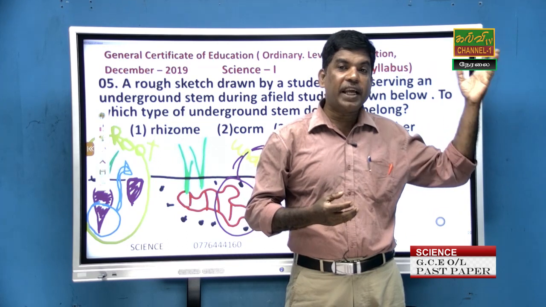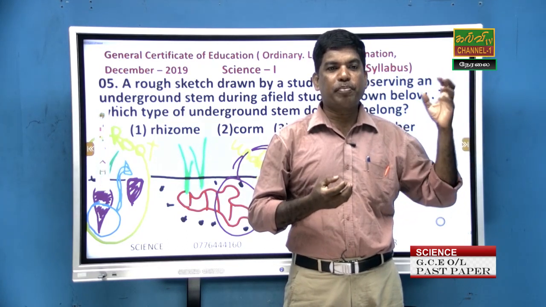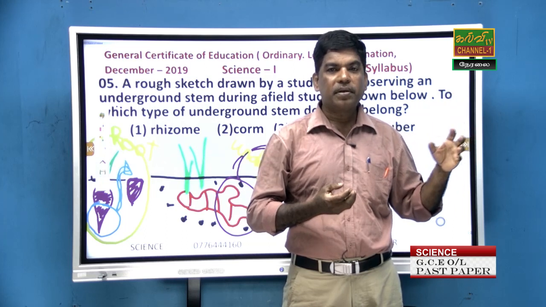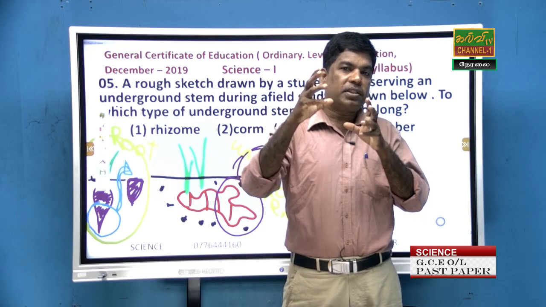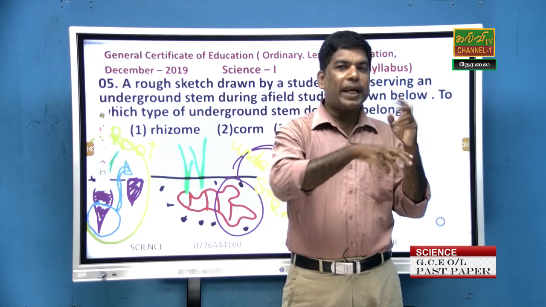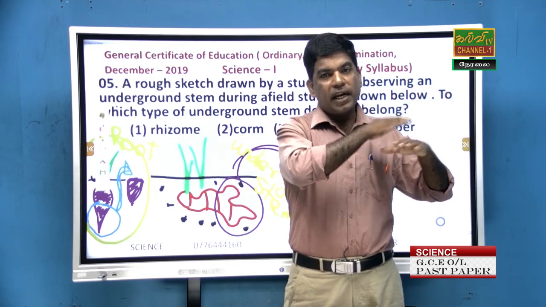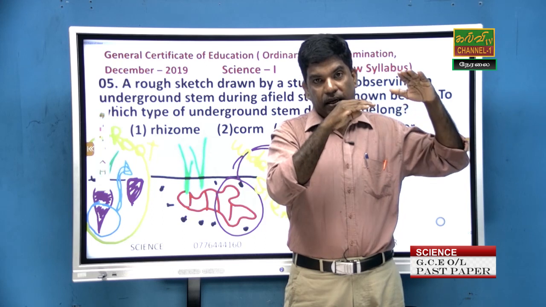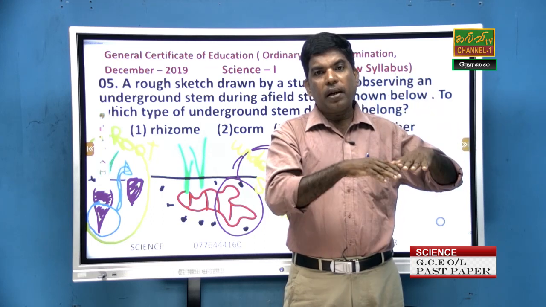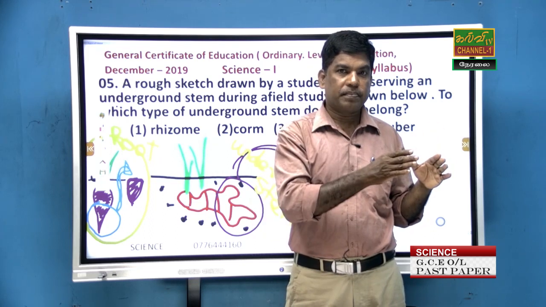So when you studied vegetative propagation in grade 10, it means a part of the plant can be used to get a new plant. At that time we studied underground stems. If they are under the soil, it should be considered an underground stem.